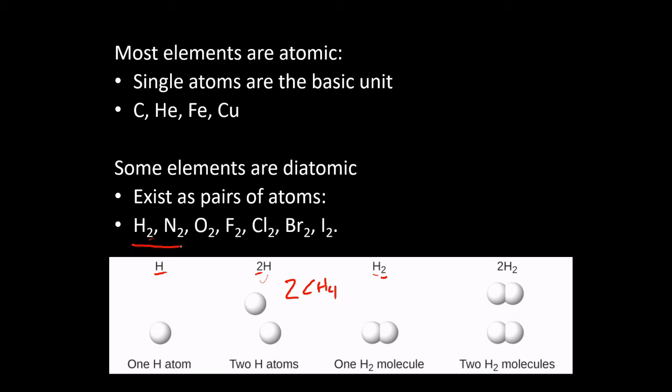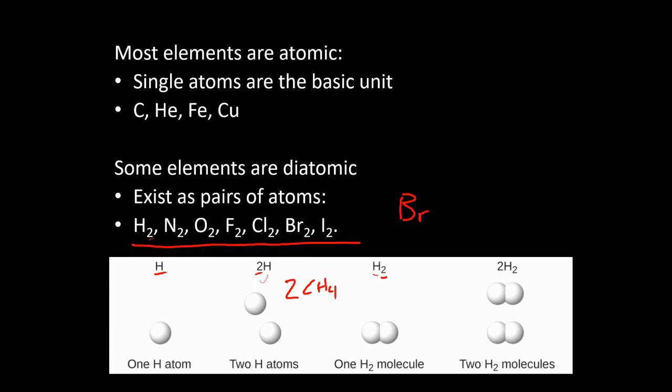So in each of these 7, the basic unit of that element is this diatomic element. So for you to go out into nature and just find some bromine in nature, so it's not bonded to something else, it's not in a compound with something, it is just bromine, you will never find Br.